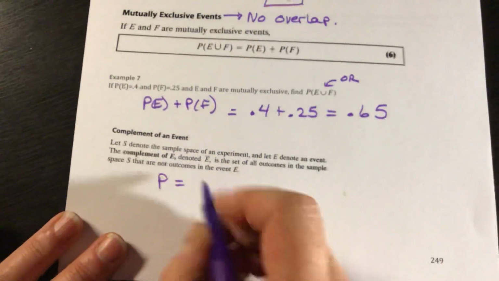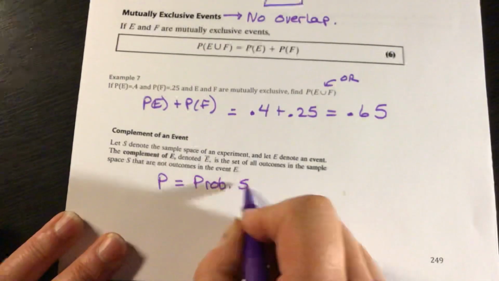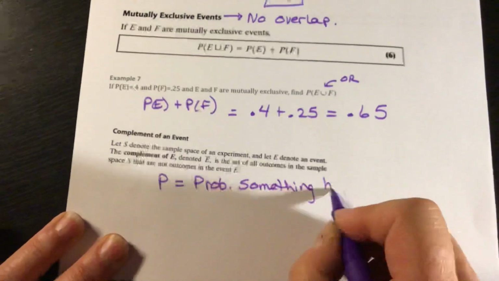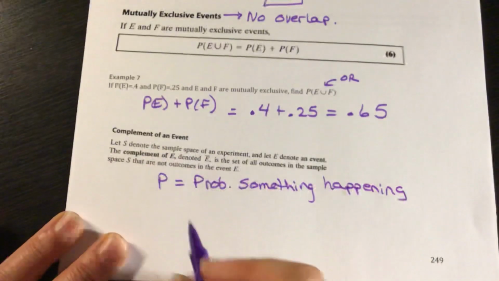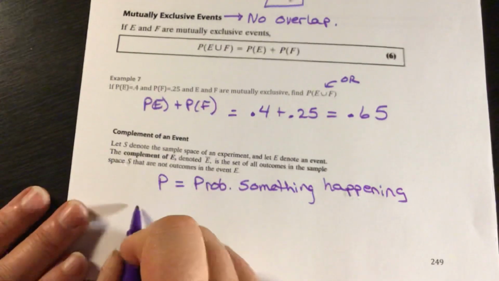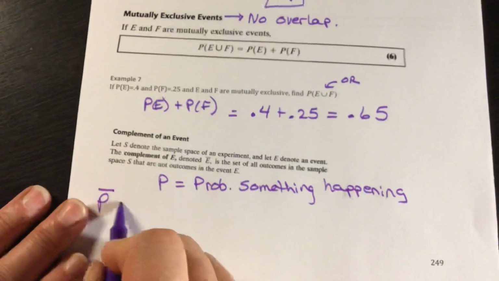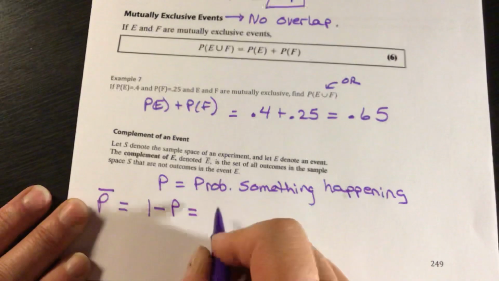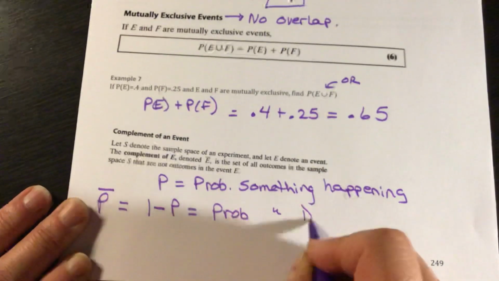So if P is the probability of something happening, the complement of P is 1 minus P, which is the probability that something doesn't happen.